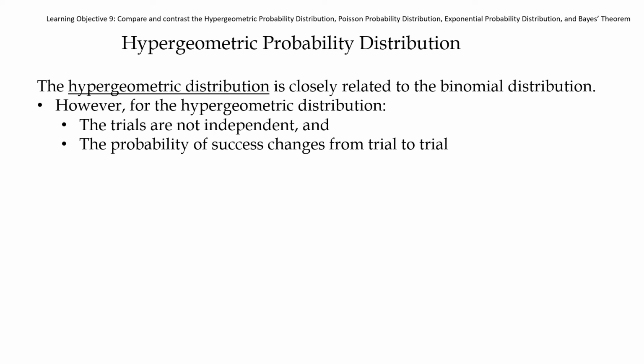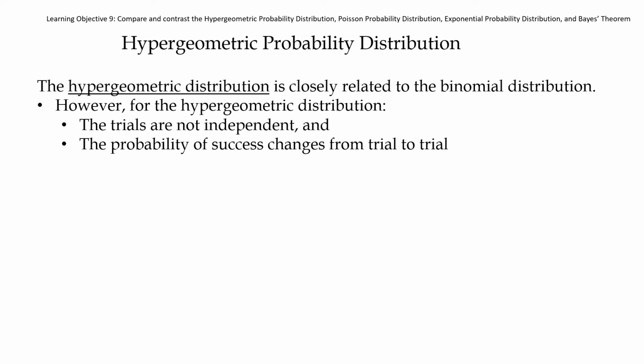You can't draw 2 cards at once and use the binomial, because the second card you're drawing of those 2 is dependent on what you drew on the first one, even if you're drawing them at the same time, because you don't have a chance to redraw that first card as your second card, as your second trial.